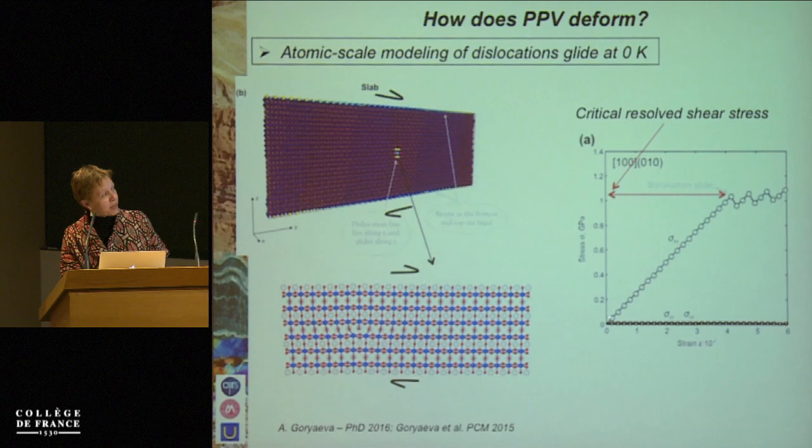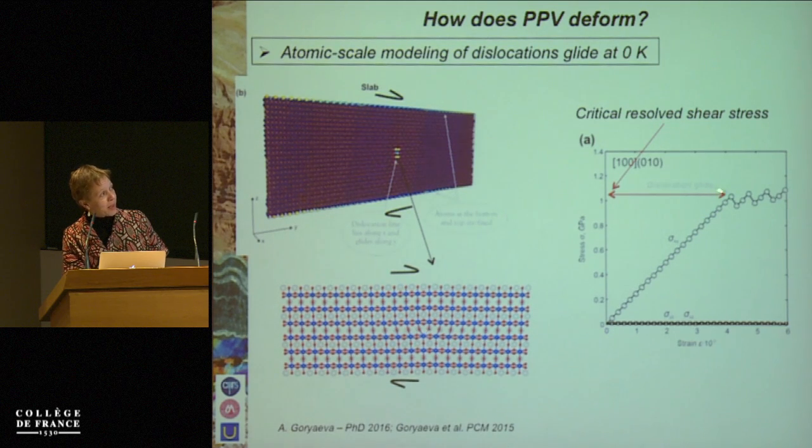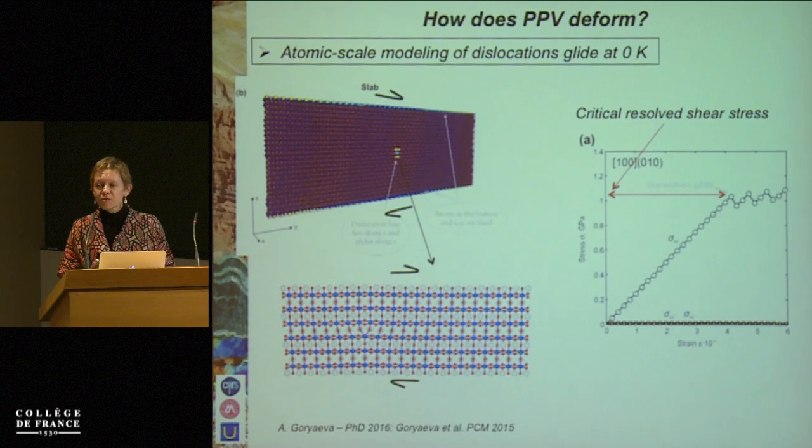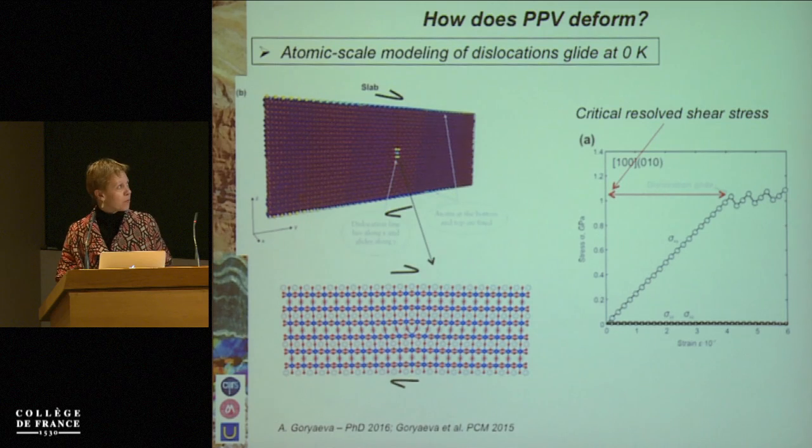At the beginning, you have just the elastic deformation, with strain increasing linearly with stress, and at some point the dislocation starts to glide, like here. The stress you apply when it starts to glide is exactly the limit of stress you need, the critical resolved shear stress on this plane to get your dislocation moving. This is important information if I want to model the textures.